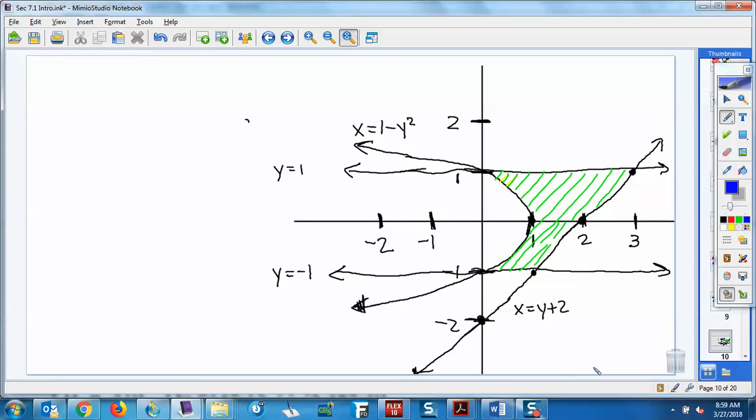Now, the one that they did for you in the book, and this is the point 1, -1, and this is the point 3, 1 right here. That's 0, -1.